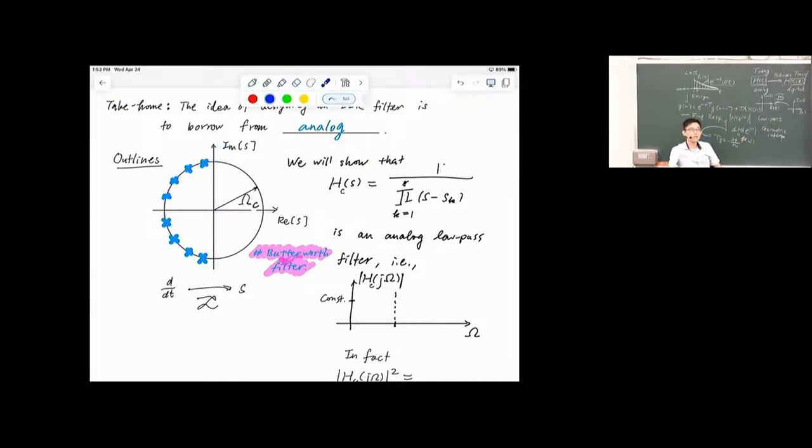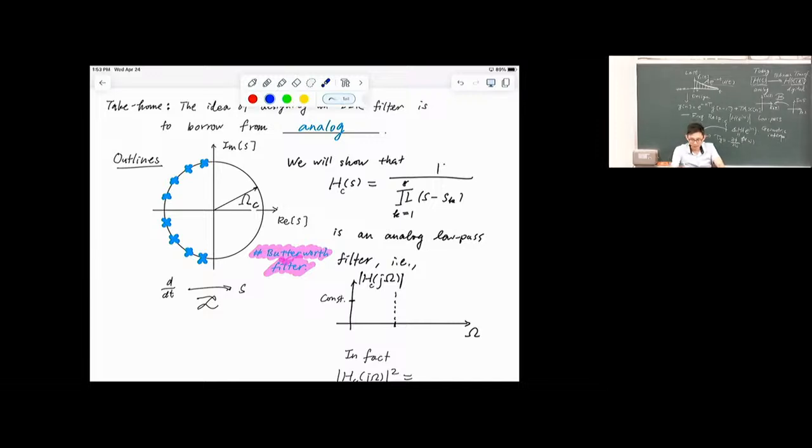We are not going to show it today, but when we arrange the poles like cutting pizza into equal pieces at perfect angles, then surprisingly the magnitude response is a monotonic function of frequency, and this is a low-pass filter.